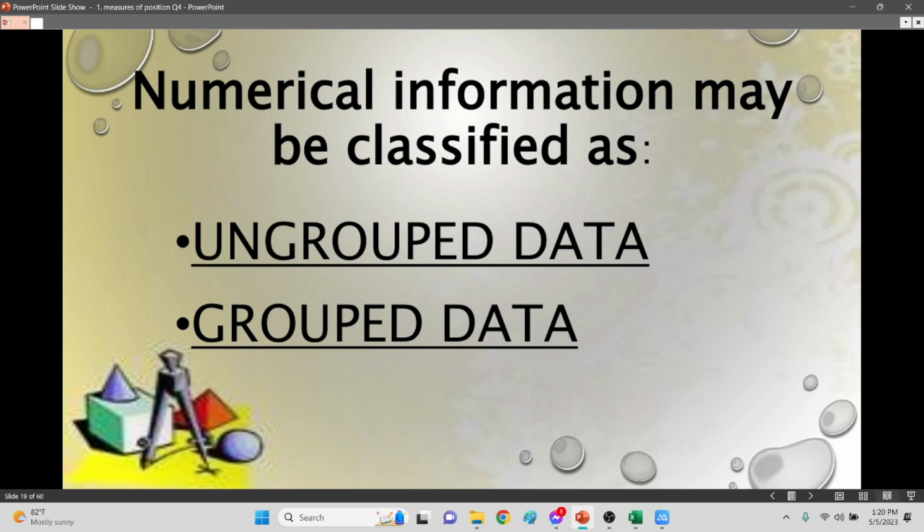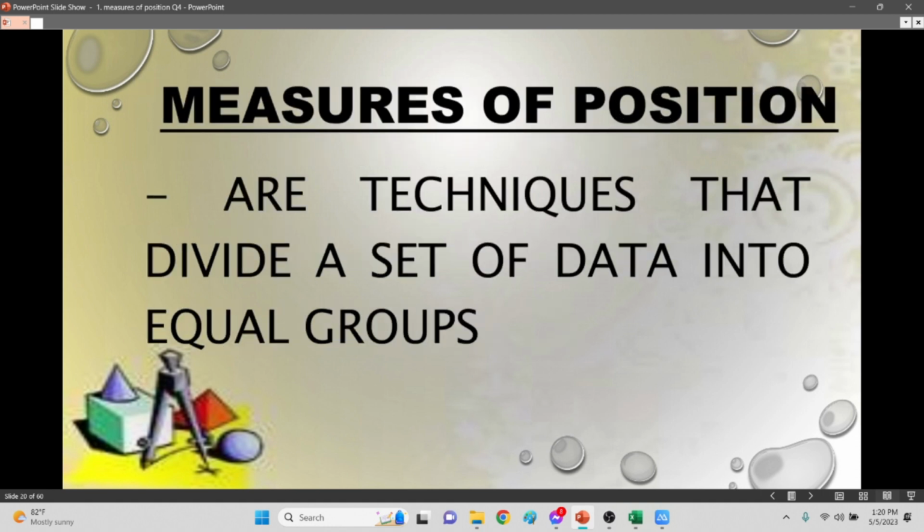Again, sa grouped data, kapag limited numbers, ang grouped data more than, na hindi na masyadong nabibilang through our hands. Also, we can define the measures of position as the techniques that divide a set of data into equal groups. So, in measures of position, we are going to divide into different equal parts.